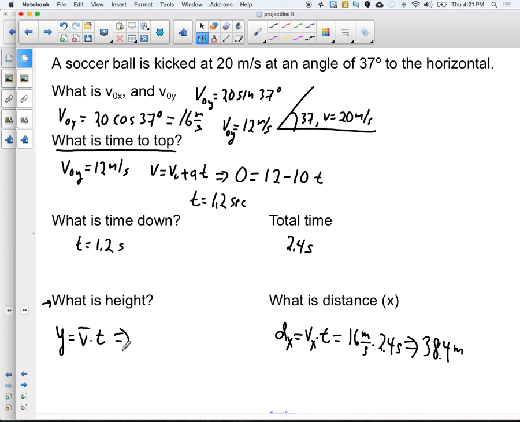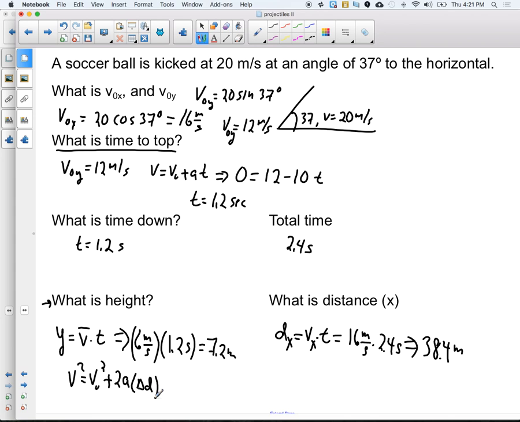So the average velocity is 6 meters per second times 1.2 seconds, which is 7.2 meters. You could also do v squared is equal to v0 squared plus 2a delta d, and that would give you the same answer.